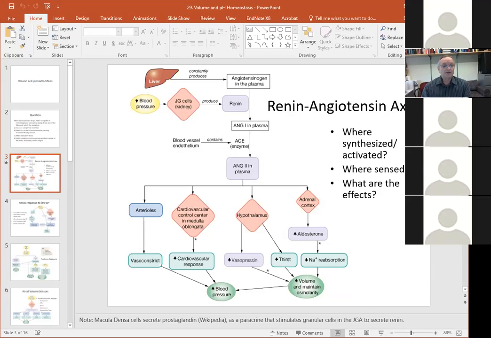And the renin, or renin, either pronunciation is correct, is an enzyme that gets into the blood, cleaves angiotensinogen into angiotensin 1. Angiotensin 1 flows throughout the bloodstream, finding angiotensin converting enzyme on the surfaces of the endothelial cells.